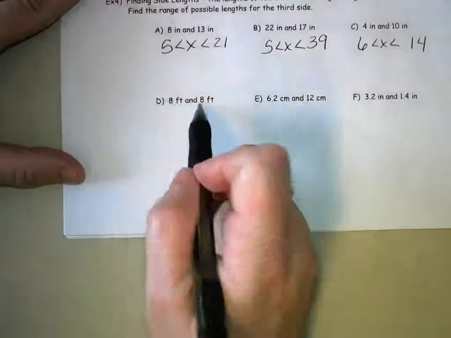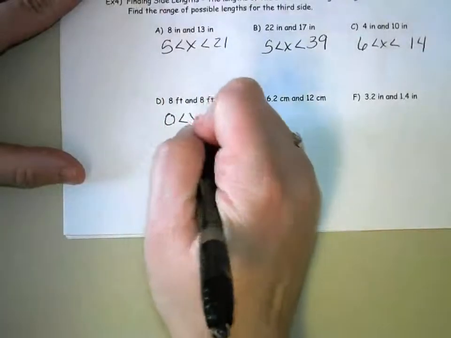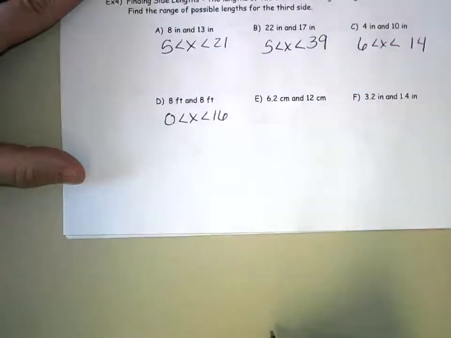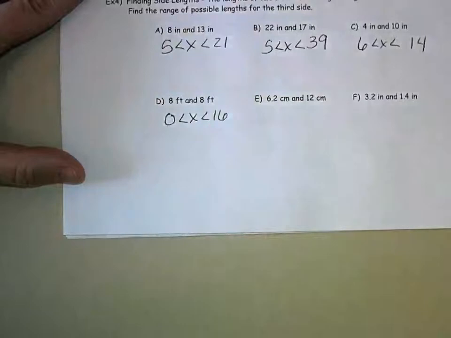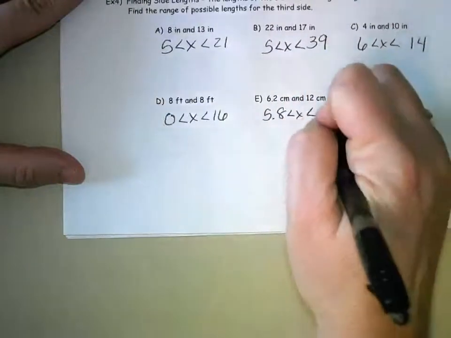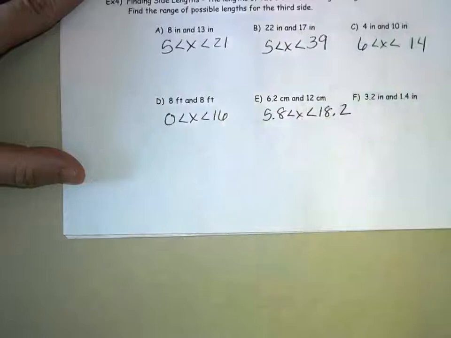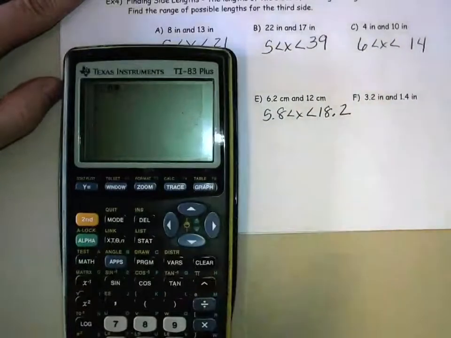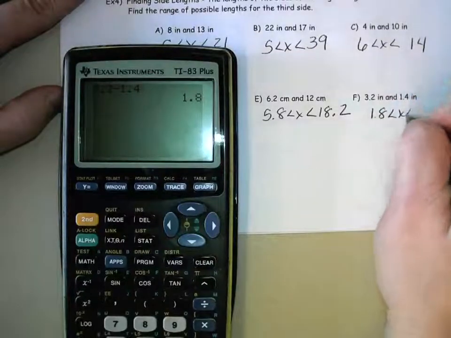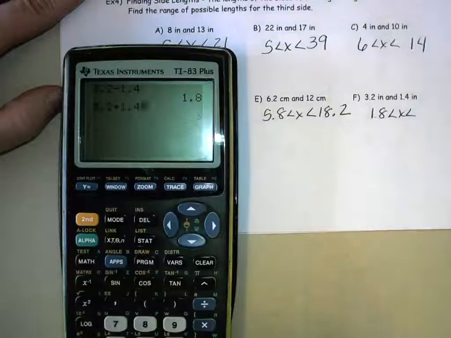Letter D, 8 minus 8 is 0. 8 plus 8 is 16. Letter E, 12 minus 6.2, 5.8 is our lower boundary. And adding those together, 18.2 is our upper boundary. And then letter F, if we subtract those, 1.8 is our lower boundary, and 4.6 is our upper boundary.